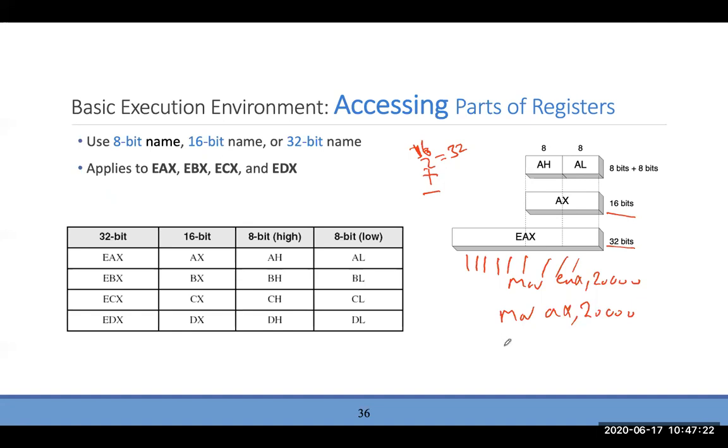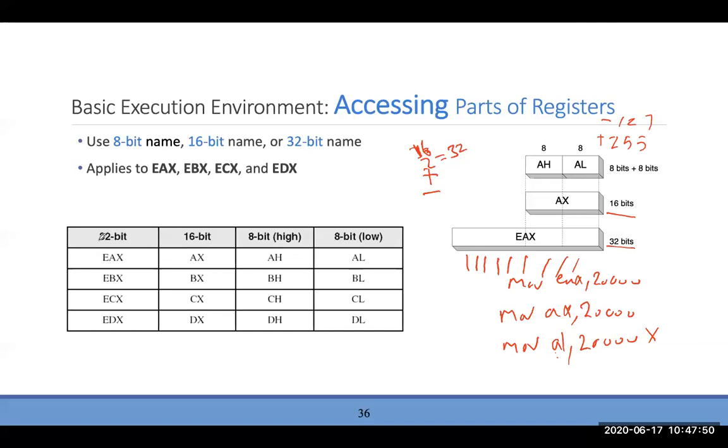If you say you want an even smaller space, mov AL, 20,000, that's not possible, because AL can take at most 2 to the power 8, which is 127 if it's signed, and 255 if it's unsigned. So this is too much. If you want to store this number, you have to use AX.